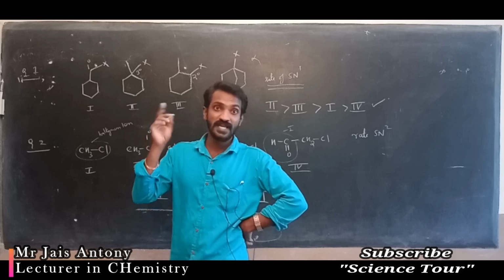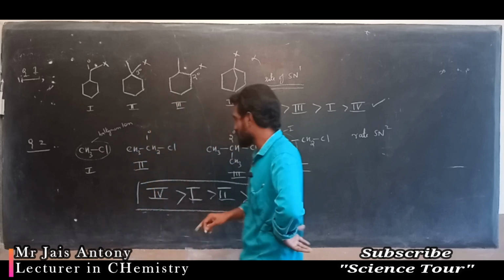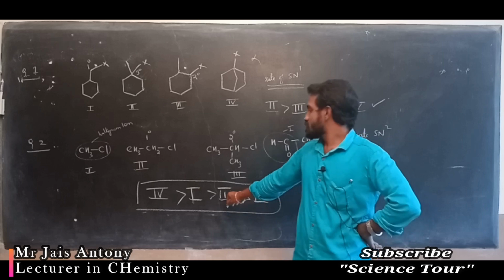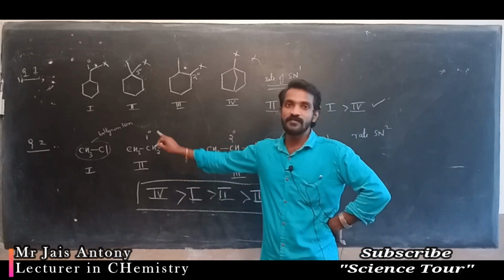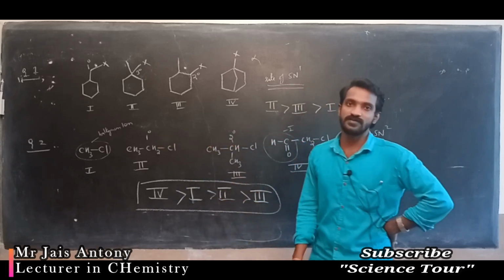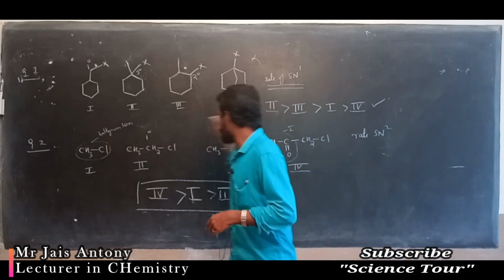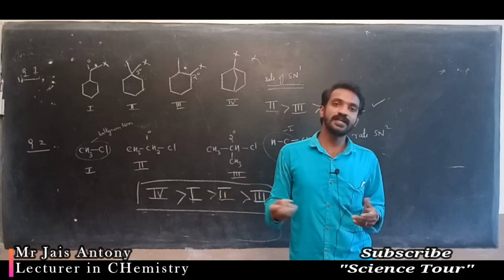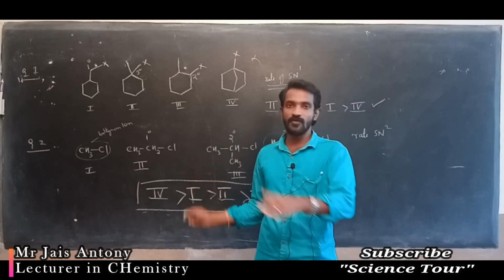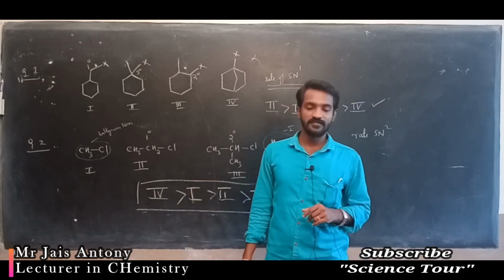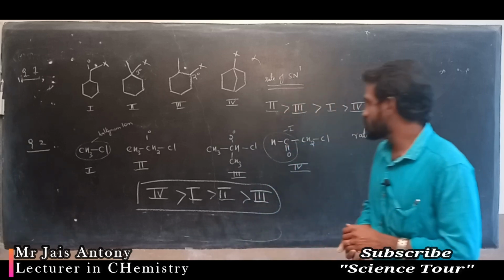If the branching is more, SN1. That I explained, given in the note. Correct? Then second, as per the rule given, primary comes, secondary comes. Understood? If there is no electron withdrawing group like this, you can directly write primary, secondary, tertiary. No problem. Understood? Okay.